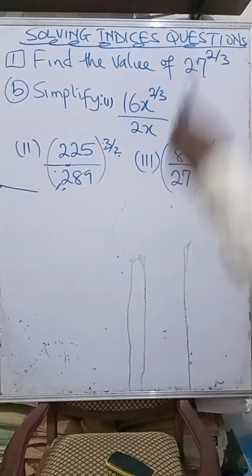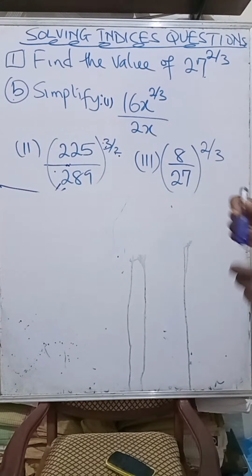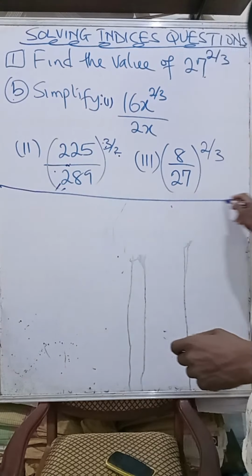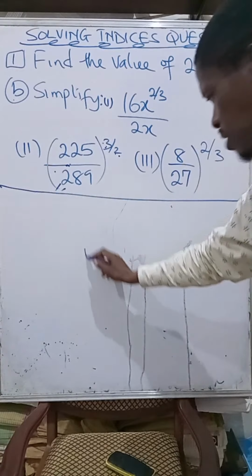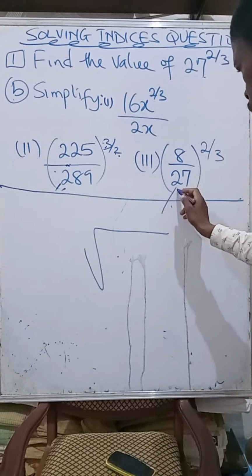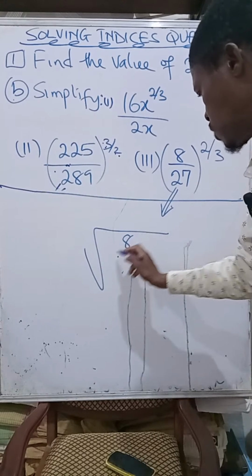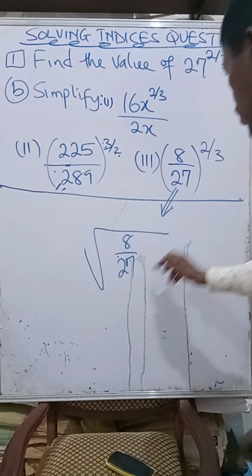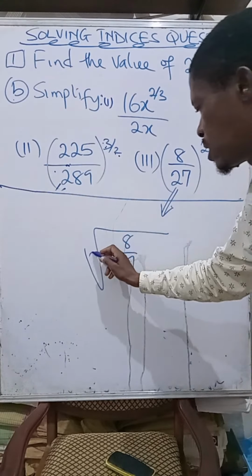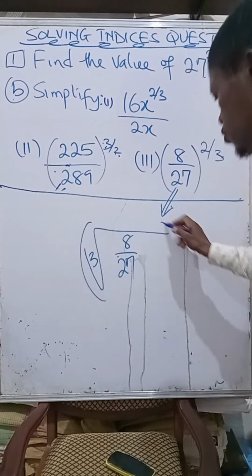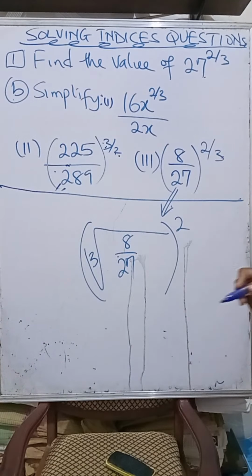The last one here, this is the fractional power. So that will be equal to the cube root of 8 over 27. The denominator of the exponent will be inside the roots, and then the numerator will be here.